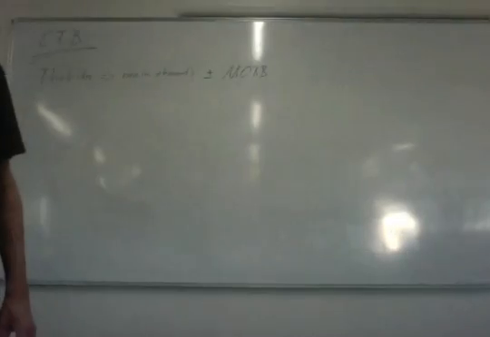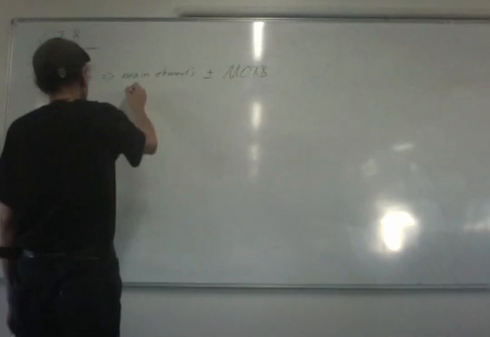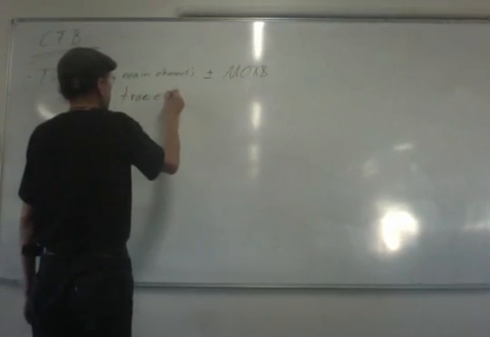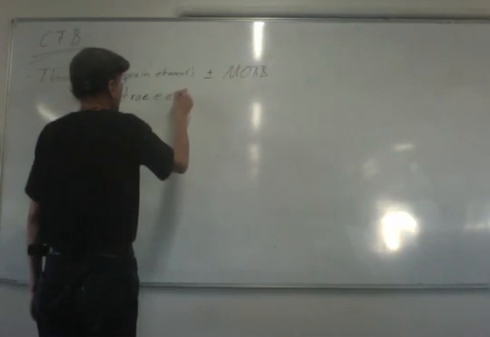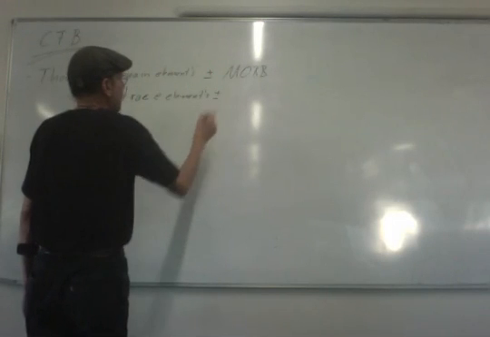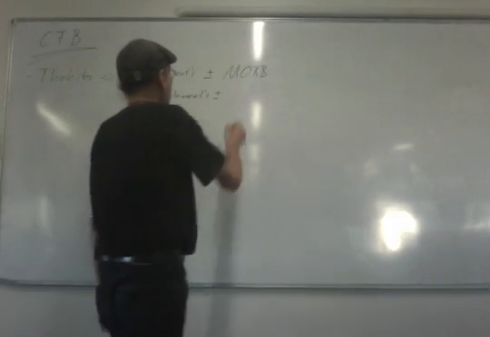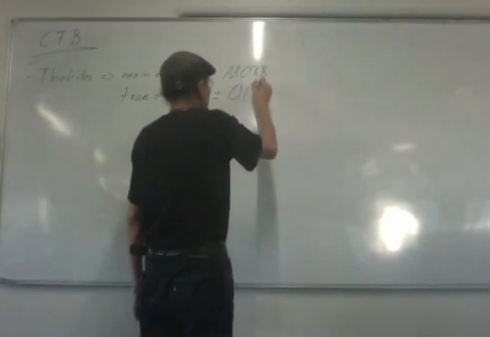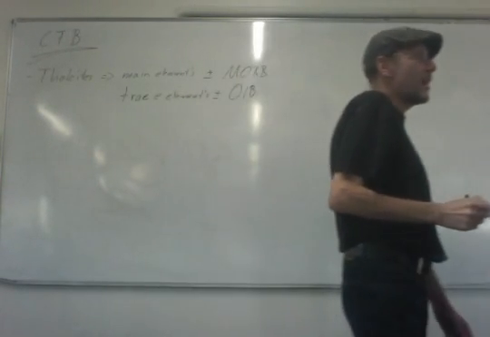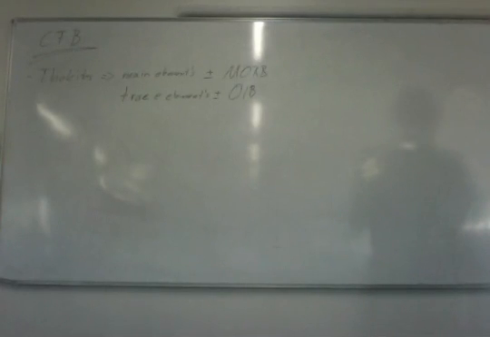And if we are looking at trace elements, they are plus minus OIBs. These are the ocean island basalts. But that means they are enriched.